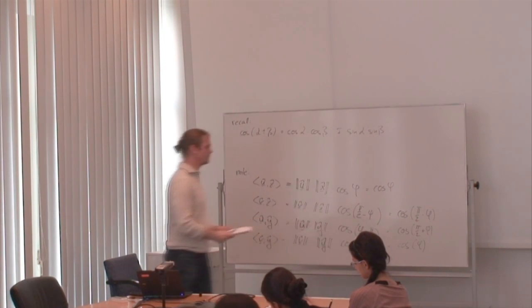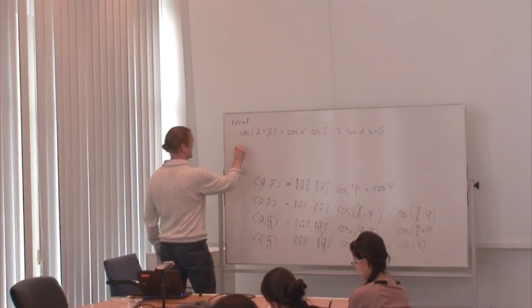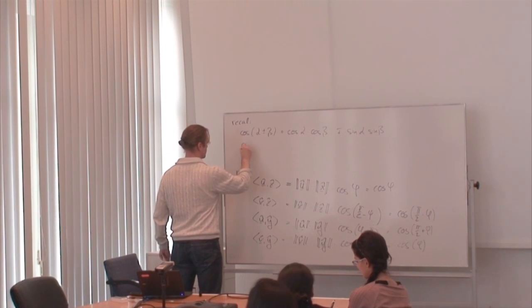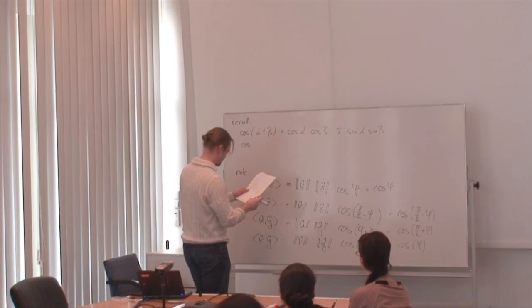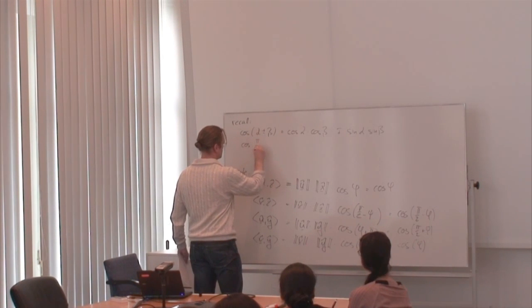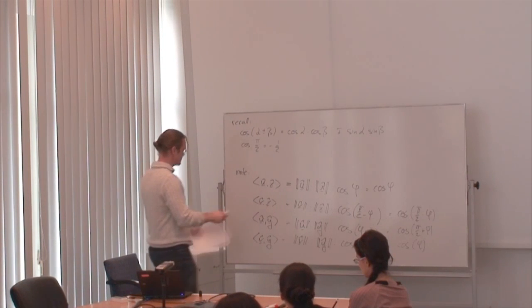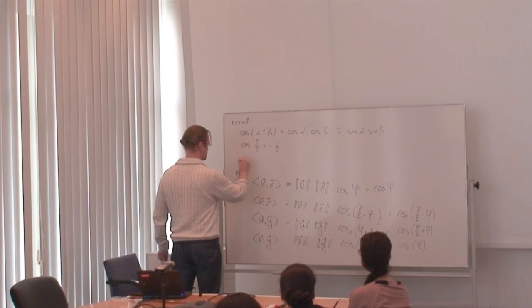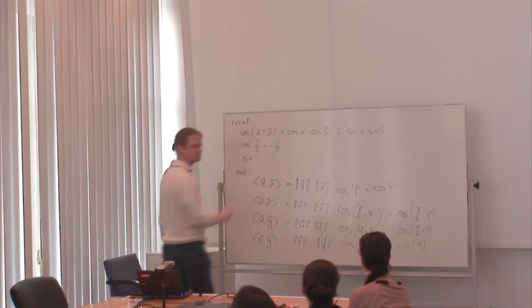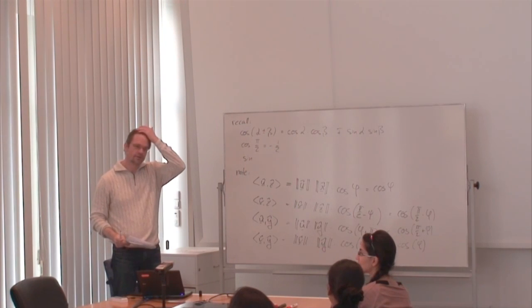And we also recall cosine of, what do we have, pi over 2, say. And what else would we need to make sense of these things? Pardon?